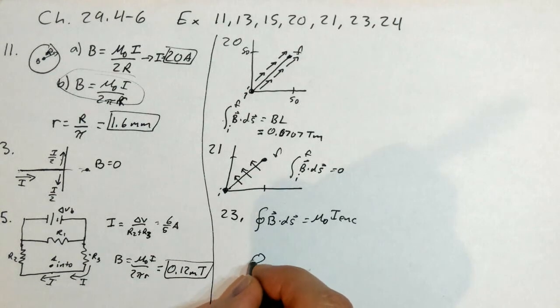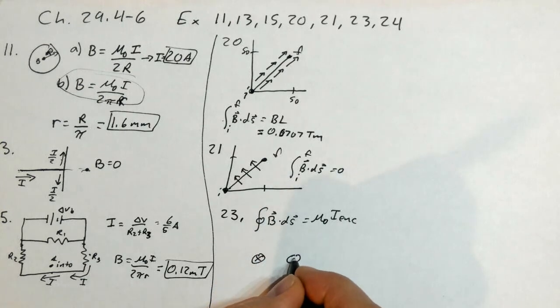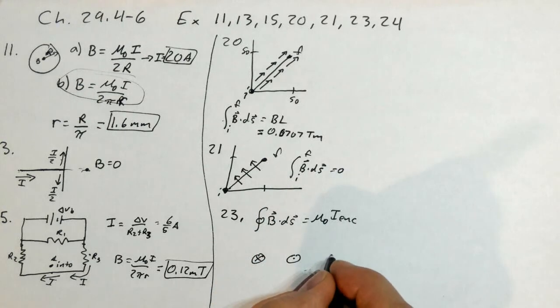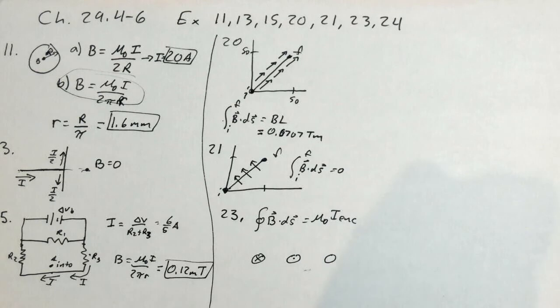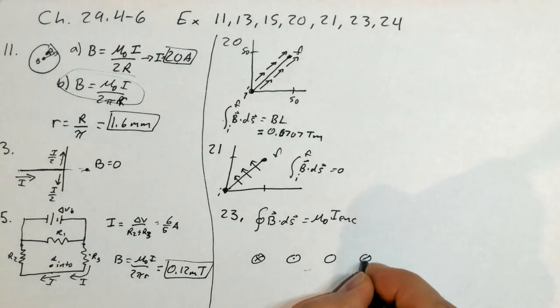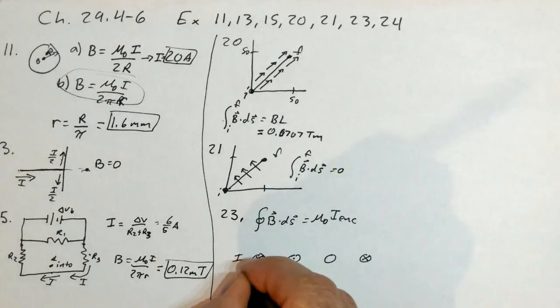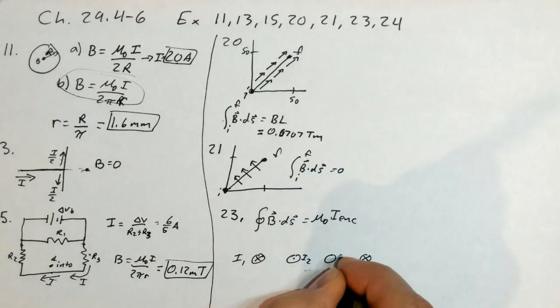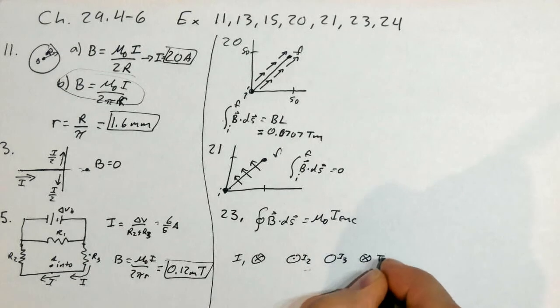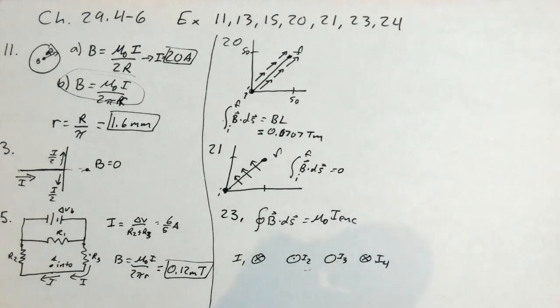We have one current here that's going into the page, one current here that's coming out of the page, one current here, we don't know what it's doing. It's either in or out. And one current here that is going into the page. This would be I1, I2, I3, and I4. And our question is to find out what is the current through 3, direction and magnitude.